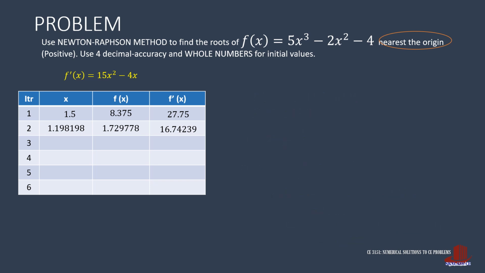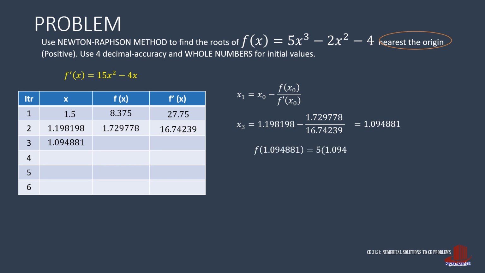The third iteration starts with taking the succeeding value of x from the Newton Raphson function, where it comes out to be 1.094881. Complete the rest of the iteration by taking f of 1.094881, which turns out as 0.164993.